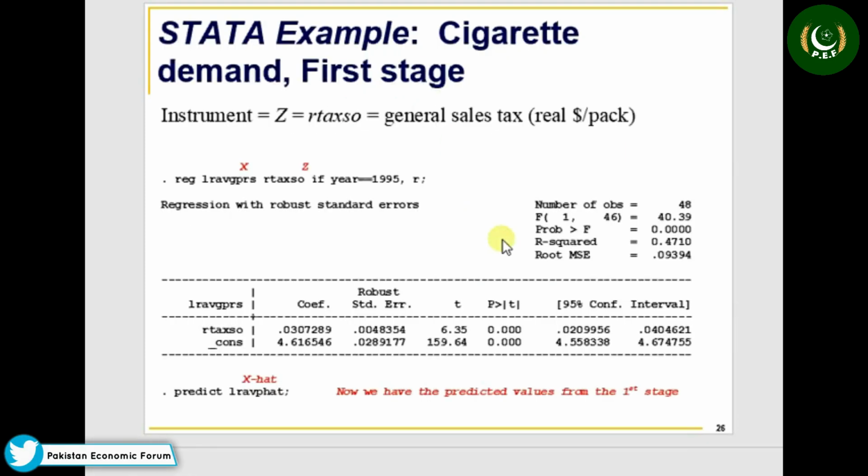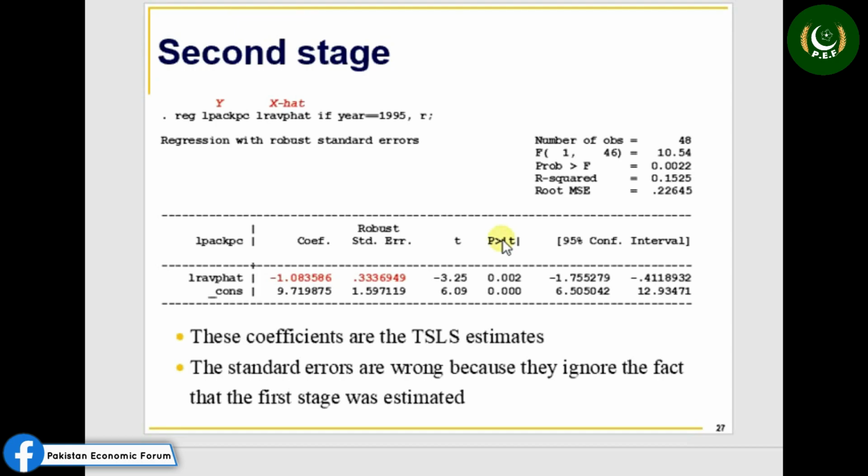In this case, you regress X, that is, the average cigarette price, on cigarette taxes, and at the second stage, you regress the quantity per packet on X hat, the price per packet. For the year 1995, you will have the two-stage least squares estimate, and 0.33 will be your standard error.